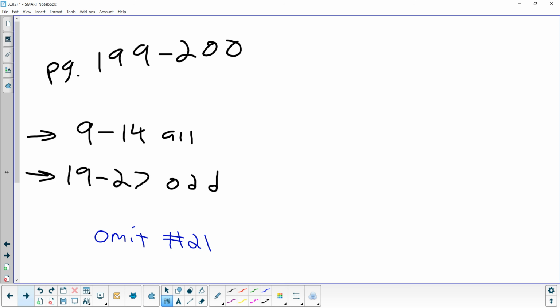In 19 through 27, they don't. Okay, 19 through 27, you just have to look at the problem and ask yourself the same questions I asked you. Okay, should we try common denominator? You have to figure out what to try. All right, so under 19 through 27, you can skip 21. 21 is something that we didn't talk about. All right, so we'll take a look at that tomorrow.